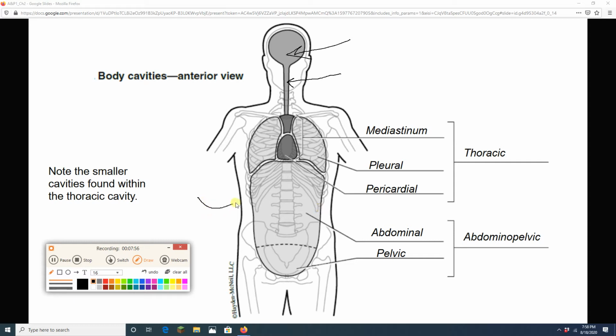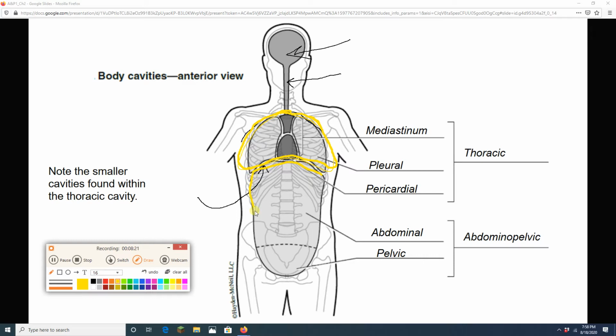So here is that diaphragm right there. And when we're above the diaphragm, so this whole region, I should switch colors, shouldn't I? There we go. This whole region up here is going to be the thoracic cavity. And we're going to expand upon it a little more in a second.